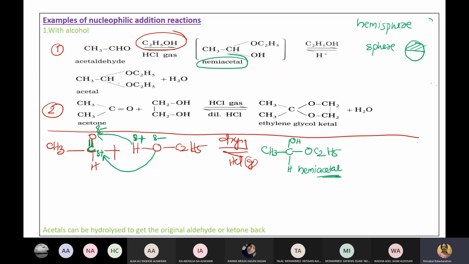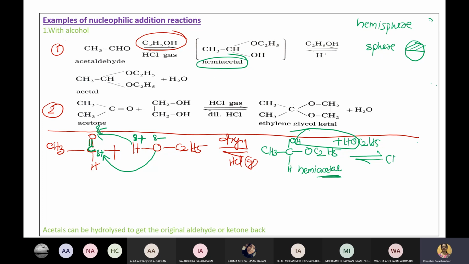Now, if you treat this with one more molecule of alcohol, HOC2H5, again the reaction is catalyzed by HCl gas. I'm not going to write it. So H and OH form a molecule of H2O. So what do you get?